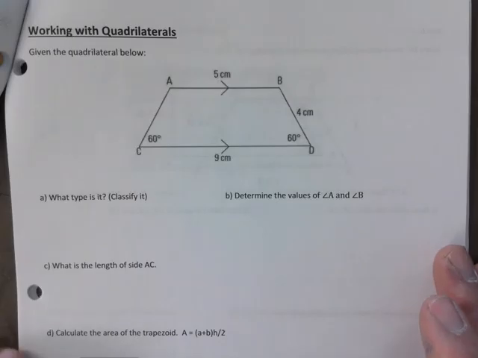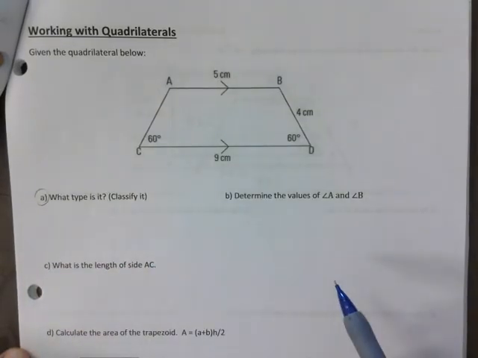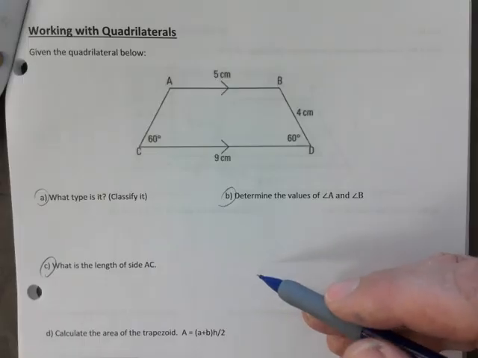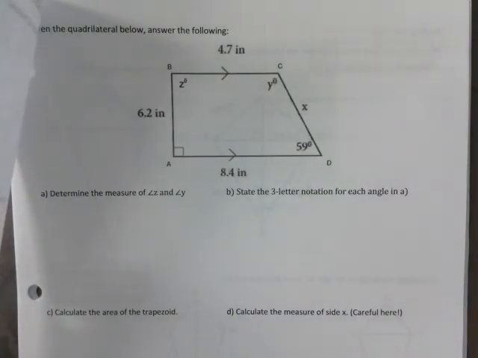I want you to try A, B, C. You don't have to worry about the area. And then I want you to skip, go straight to 31, 32.